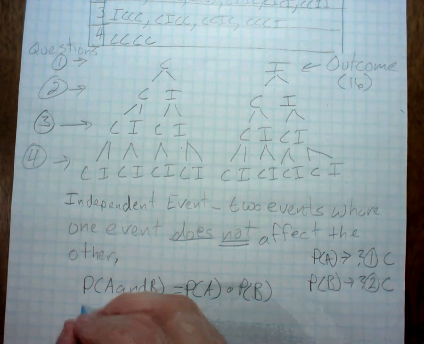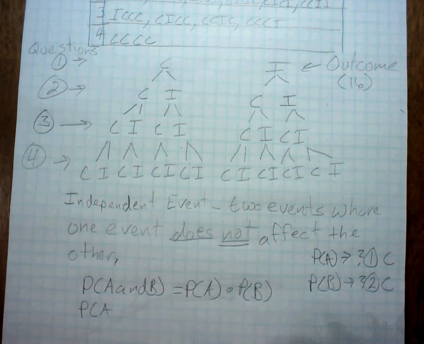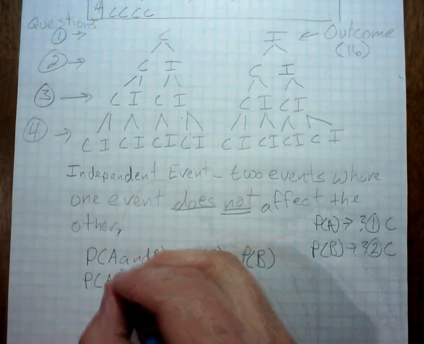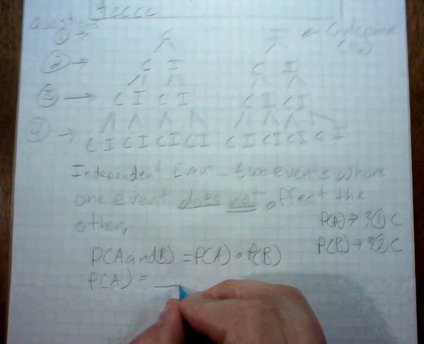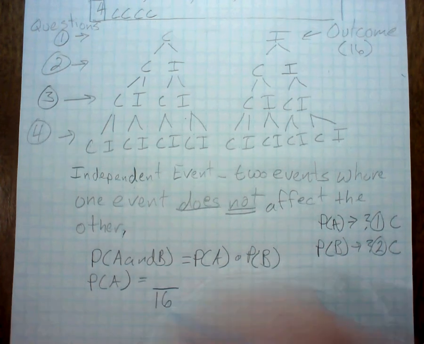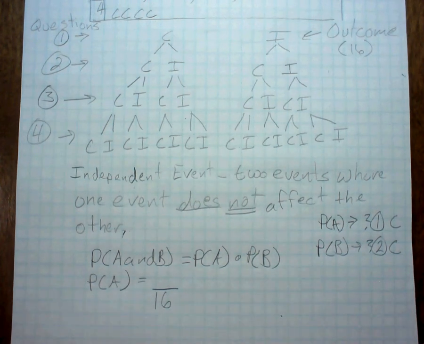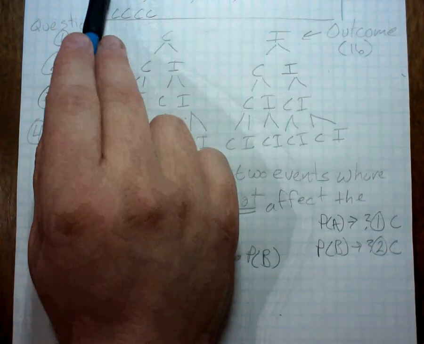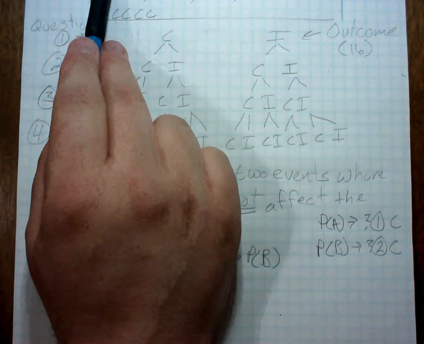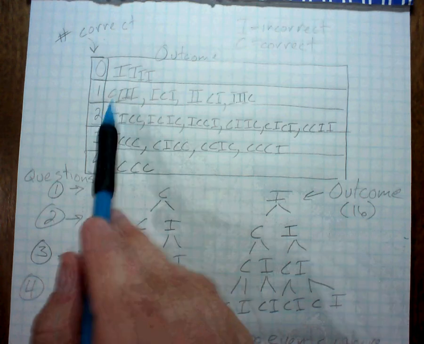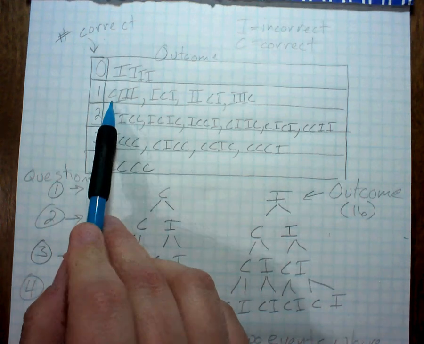So the probability of A occurring is something out of 16, and we just have to figure out what that is. If I go through here, what I'm going to do is count all the scenarios where I have the first question correct.